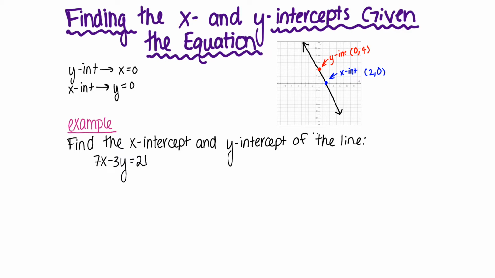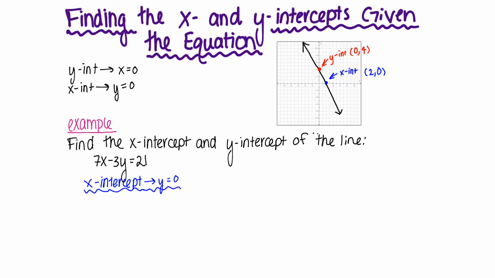We can use this in finding the x and y-intercepts of a line just given the equation. So we don't have to be given a graph to find them. Looking at 7x minus 3y equals 21, if I want to find the x-intercept, I want y to be equal to 0.